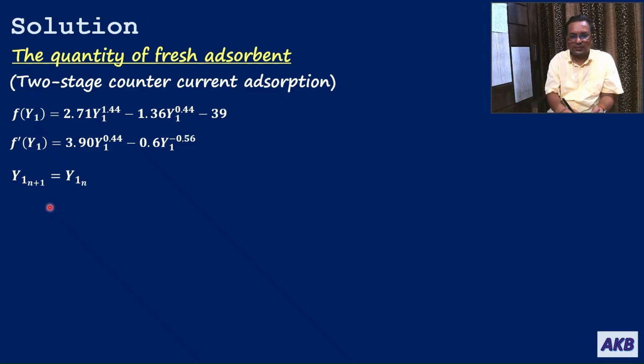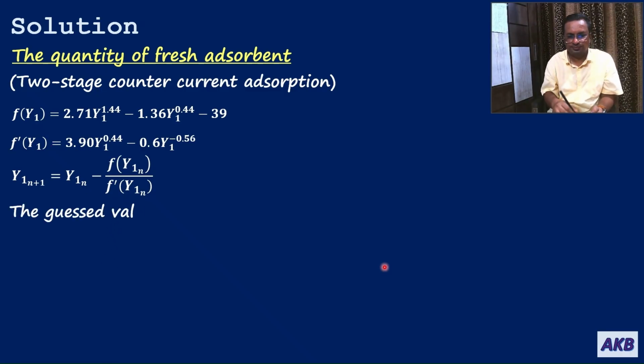Now the formula for Newton-Raphson method is y1 n plus 1 is equal to, that is, the new value of y1 is equal to the old value of y1 minus the function evaluated at the old value divided by the derivative evaluated at the old value.